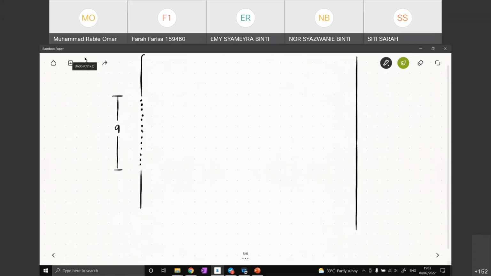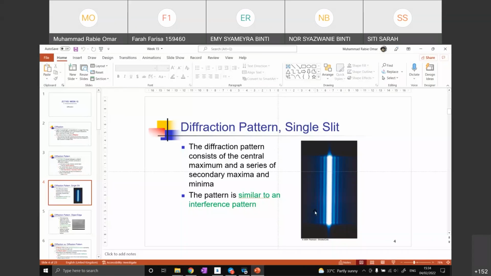Let's say if I delete everything here. Just now I've shown you the diffraction pattern. Let's say now I want to know the intensity of my light over here or over here.